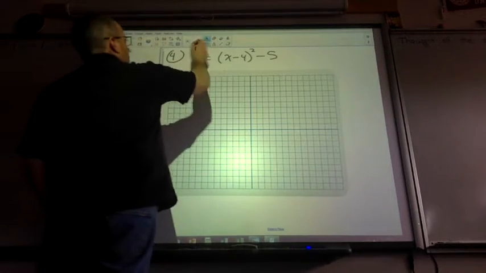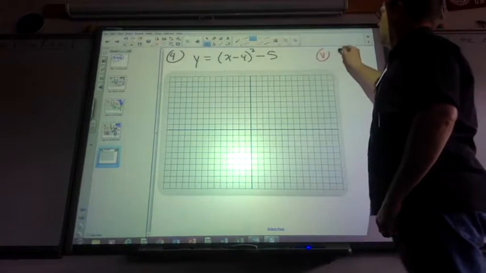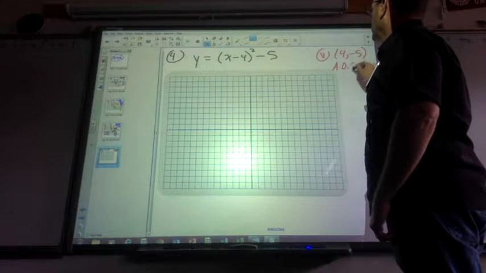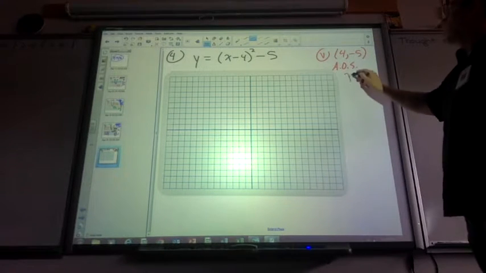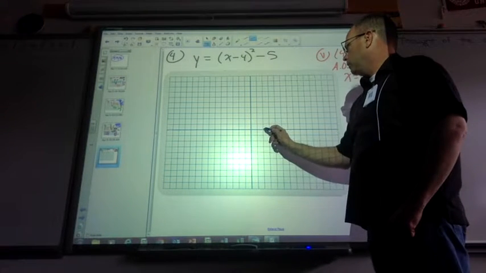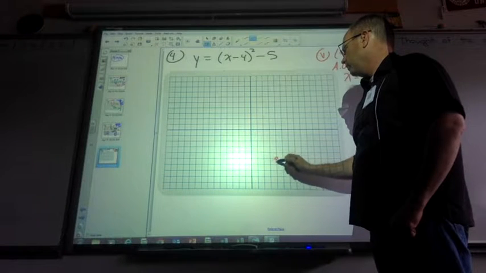Okay. So what's my vertex? 4, -5. What's my axis of symmetry? x equals 4. Good. Okay. So 4, -5. 1, 2, 3, 4. 1, 2, 3, 4, 5.